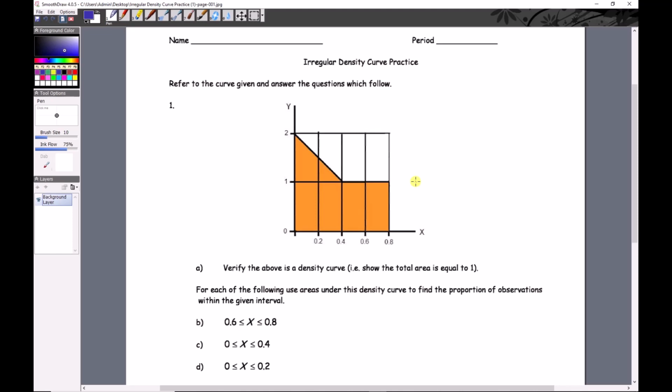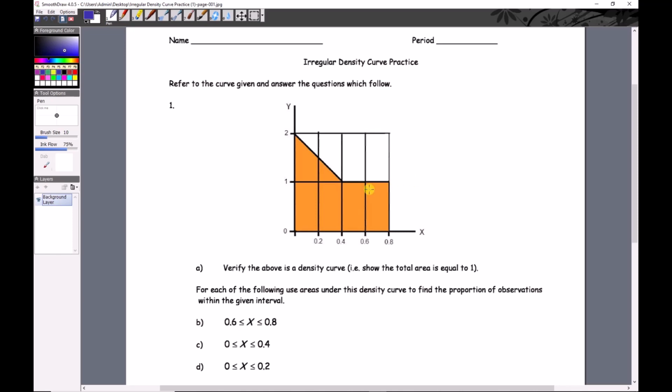But if we can find that the area equals 1, it's a density curve. And then we can cut it up and get proportions or percents or anything related to something out of 100% or 1.0, depending on what they're asking. So we can get probabilities if it's a density curve. They're very, very powerful for what we need to study.